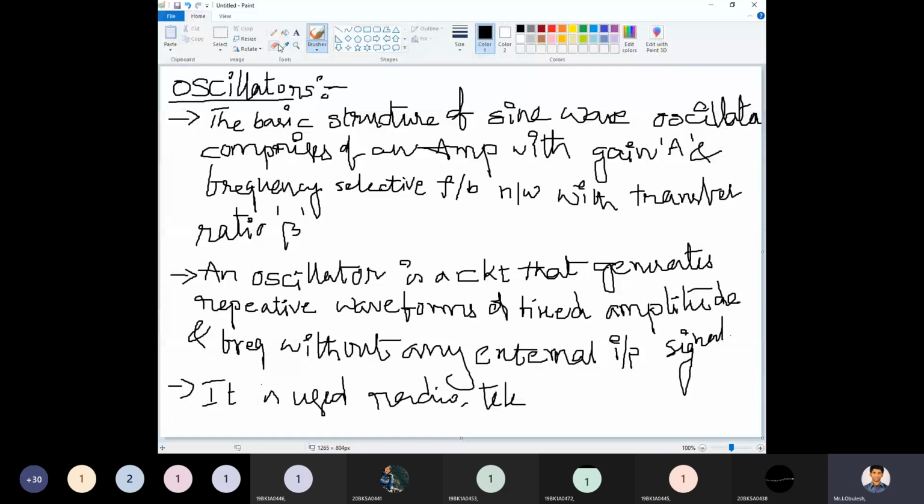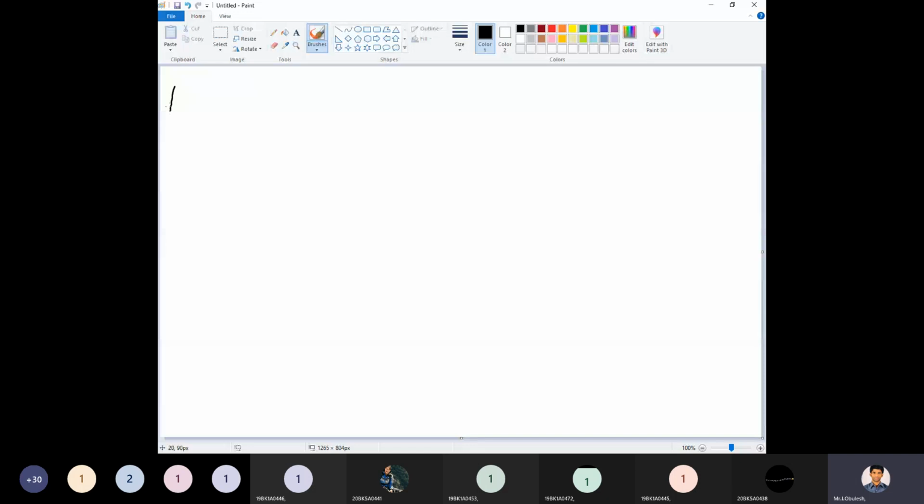Coming to the principle of oscillator. Put heading: principle.